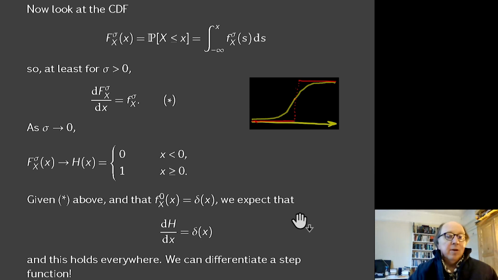So what that tells us is that if the derivative of the cumulative distribution is equal to the probability density when sigma is positive, maybe that's true for the limit as well, in some sense.